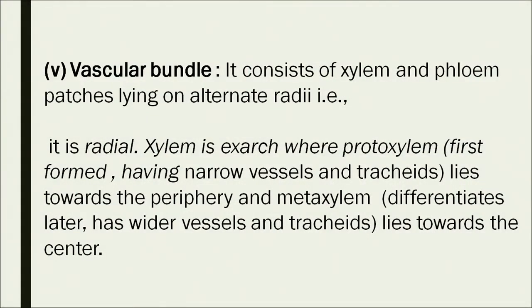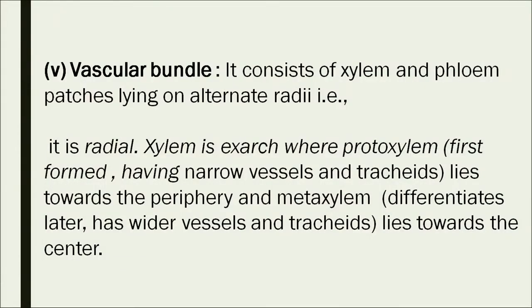vascular bundles. What happens generally is that xylem and phloem patches lie on alternate radii. Suppose there is a circular structure of the root which you are seeing in the microscope, you can imagine one radius from the center to the periphery, one line.